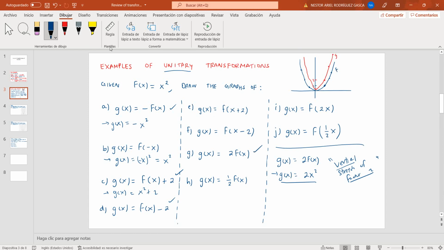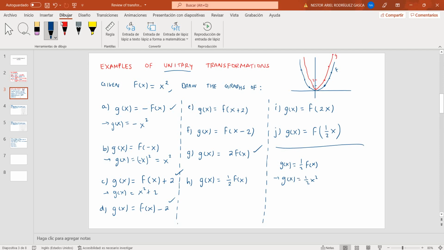And on the other hand, when we have something like this, let me erase this. When we multiply also by a constant, but in this case a fraction, then we're going to have it this way.